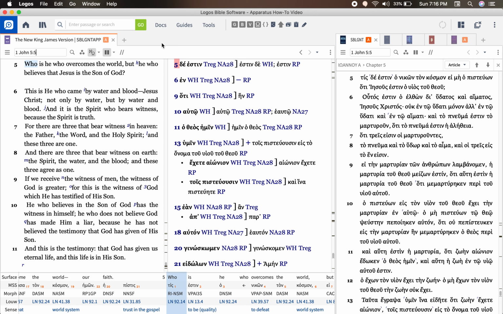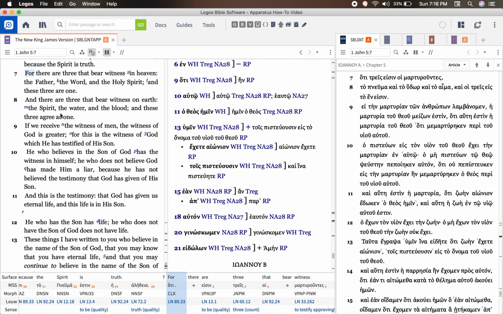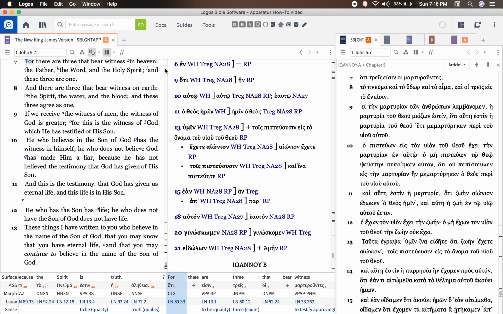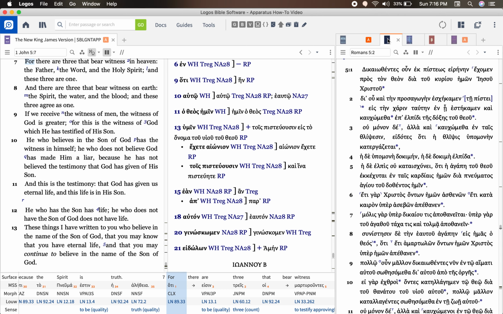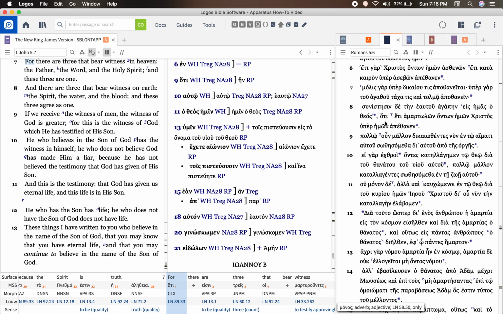But we can go down to verse 7 here. If we scroll up to verse 7, our text will scroll with us. And we don't see anything for verse 7 in here, but if you go to other editions like the NA28, and again, we're not too worried about it, we go to verse 7 on the NA28, and we're going to start seeing these little marks here showing us the different variants for this.